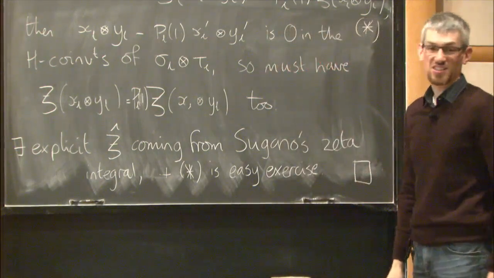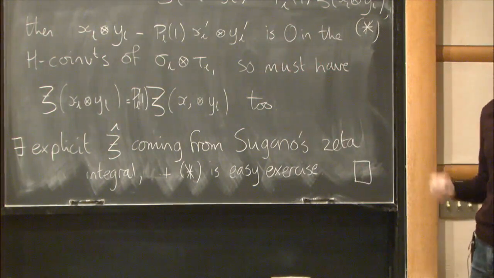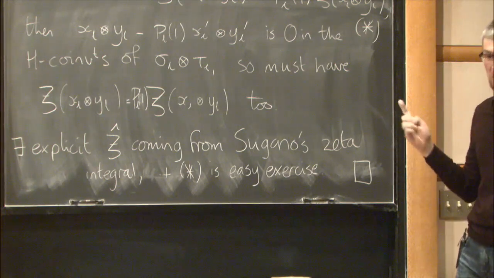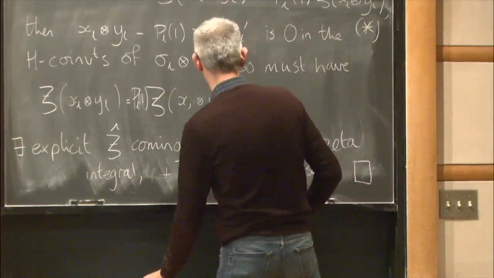And by this multiplicity 1 machine, you get the desired relation for the much more complicated bilinear form we wanted to study.